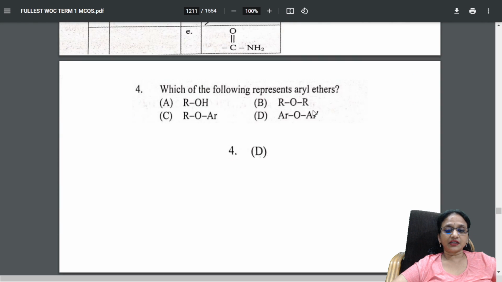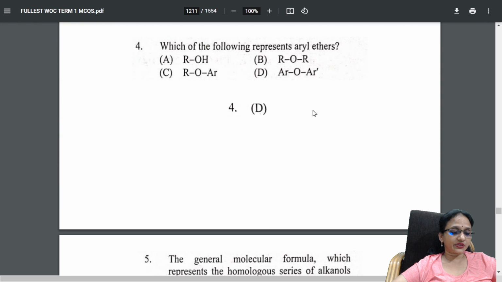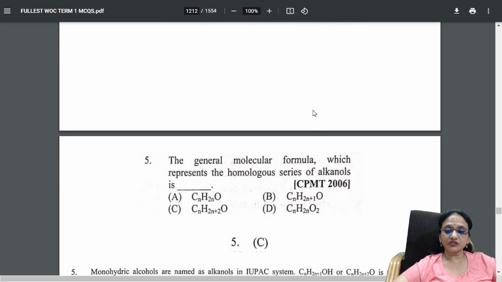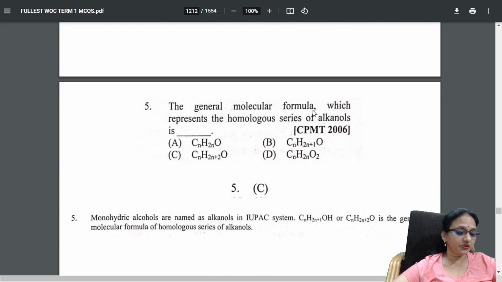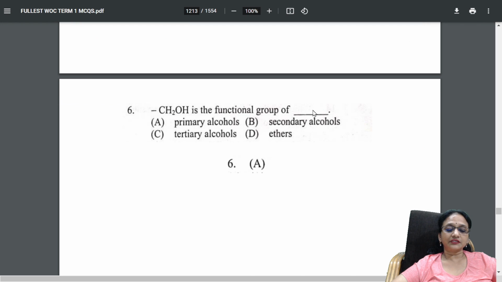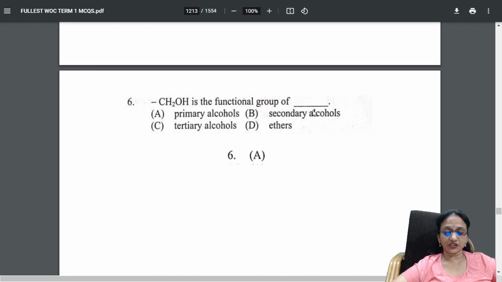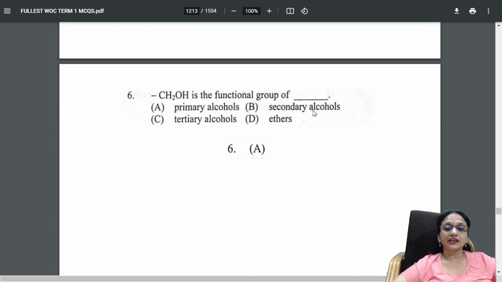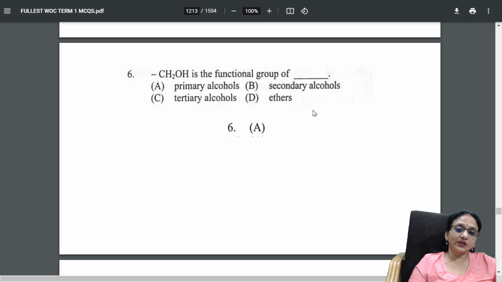Then these are the questions on aryl ethers. These are the questions on your general formula. What is the general formula of alcohols? Then further, the formula for the functional group. They're going to give you a functional group and ask whether it is primary or secondary.